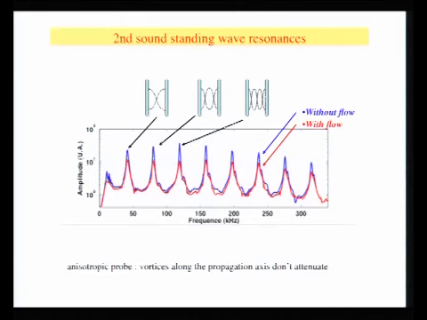If you look at the resonance of the first mode here without any flow, you have some attenuation, and if you put some flow, you have more attenuation. If you stay at the resonance and measure the attenuation as a function of time, you get the vortex line density as a function of time.